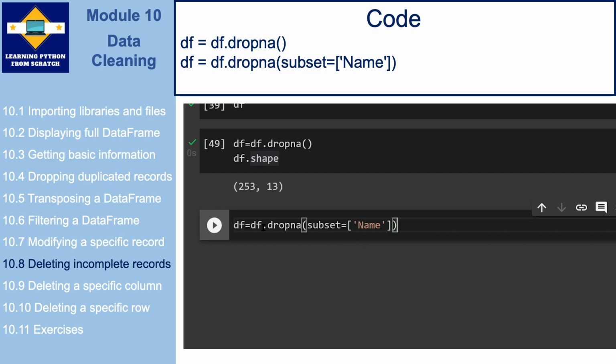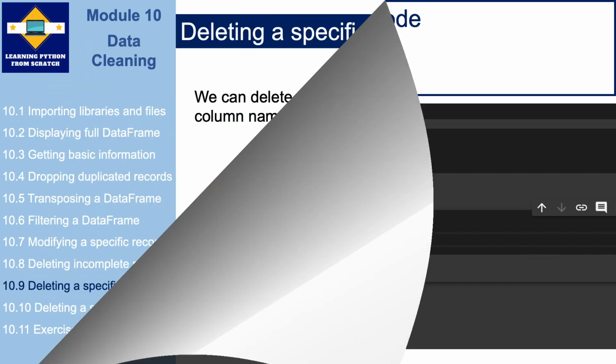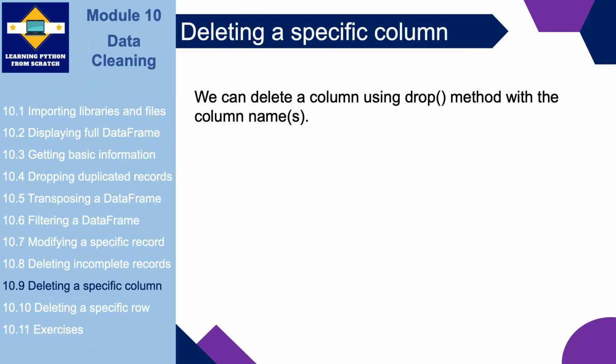When we use the shape function, you should be able to see that some rows are dropped out, but the number is higher than before, because only observations with a missing value in a specific column are dropped out.